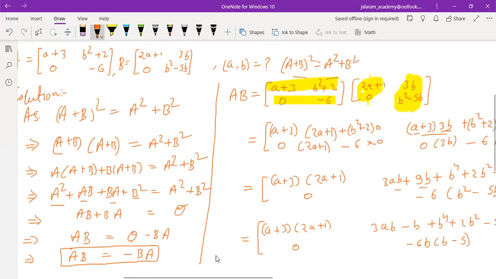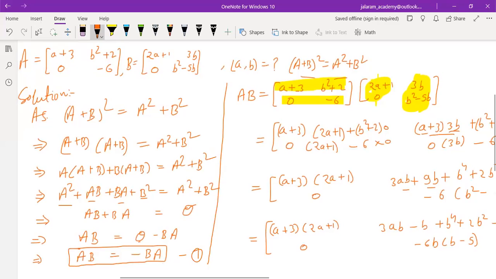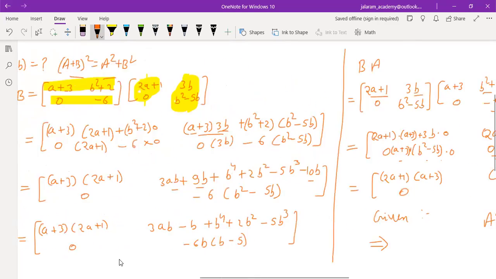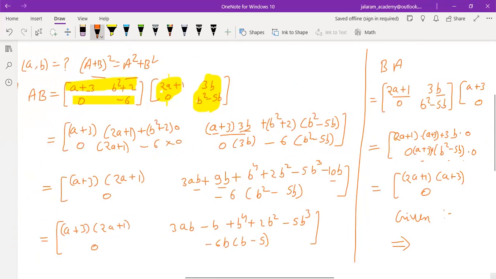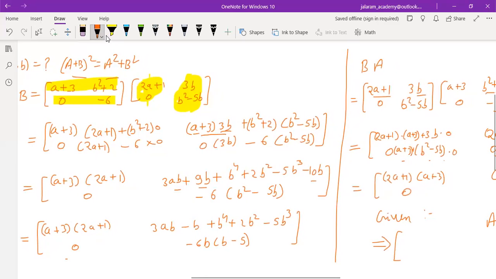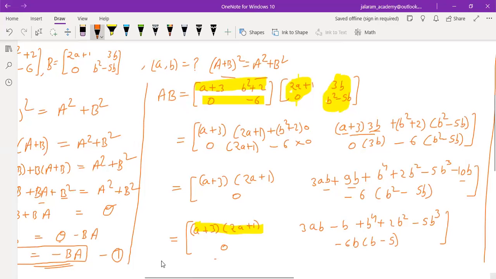So now we go to our rule, which is AB equals to minus BA. So write this rule. What is given to us? By simplifying, AB equals to minus BA. It implies now AB we have calculated. This is the value of AB.